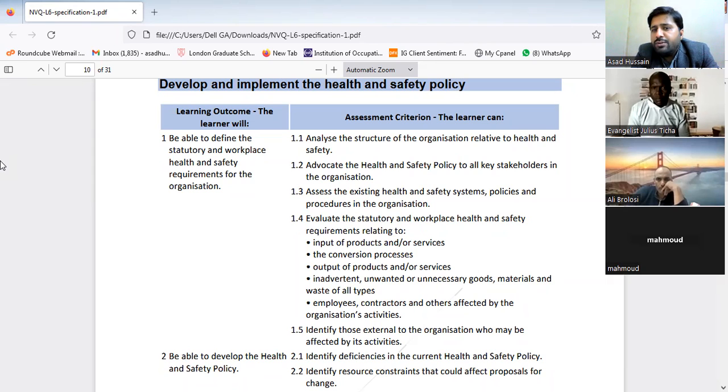So I can't say that you only give me international or only give me local, because there is a set of local regulations and a set of international regulations. Whatever you are using in your workplace, you have to produce evidence of that.